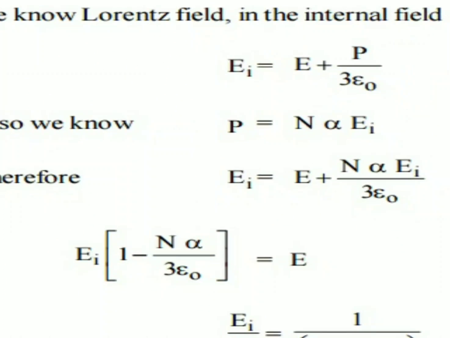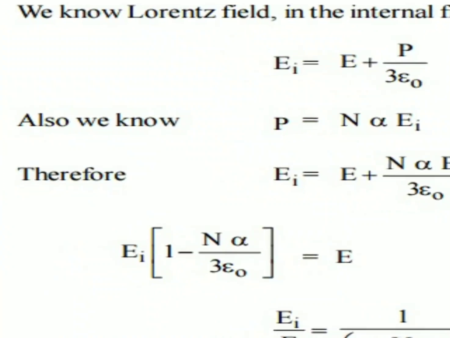So EI is equal to E plus N alpha EI by 3 epsilon naught. Now the EI term is taken to the right side, and we take EI common. So EI into 1 minus N alpha by 3 epsilon naught is equal to capital E.